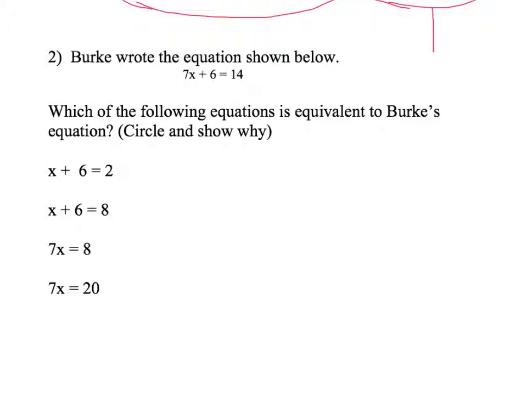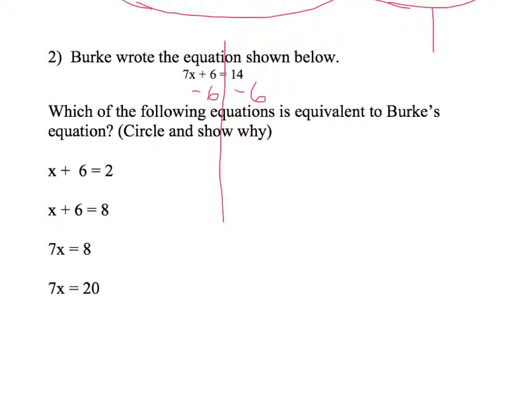So like I showed you before, you draw a line down the center of the equal sign. And what you're going to do is try to create that 0 by adding negative 6 to both sides.